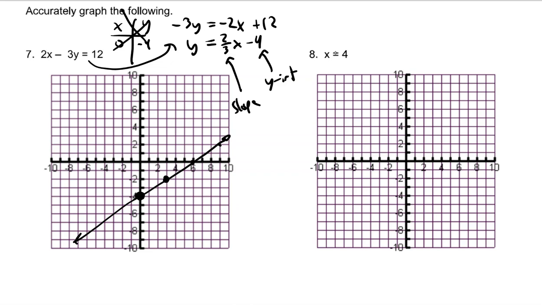All right, how are we supposed to graph 8? Okay, so the key here is to recognize that this is a vertical line. Now, I already highlighted that on the other page. So we know it's going to look like this, and it's got to hit where the x values are always 4.